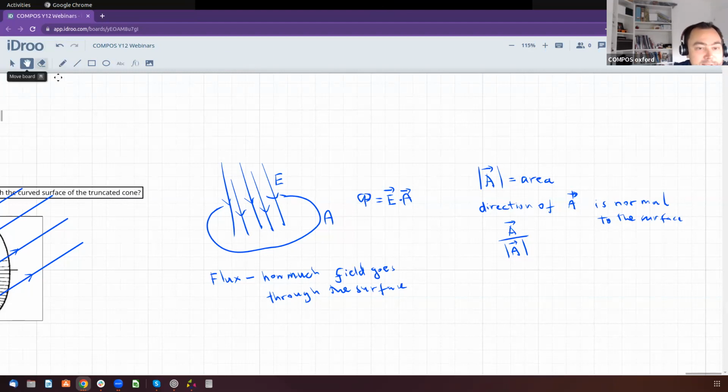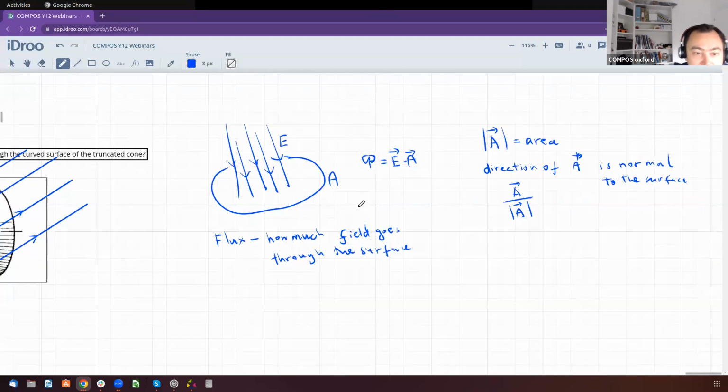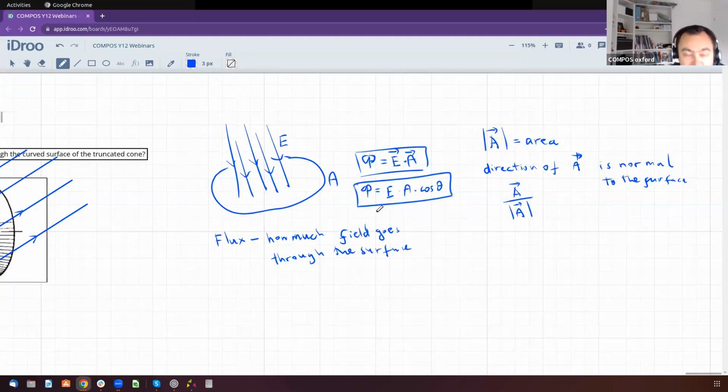Or you could say that the flux is the electric field multiplied by A multiplied by the cosine of the angle between the electric field and the normal to the surface, cos theta. So two equivalent definitions. Basically, you can think of flux as how many lines actually pass through the surface.